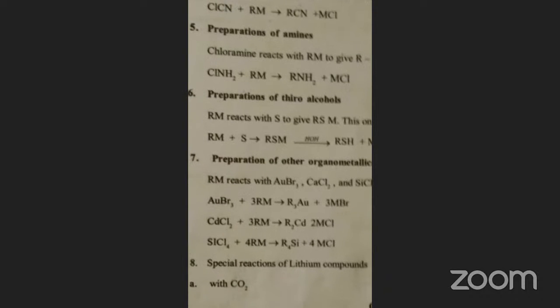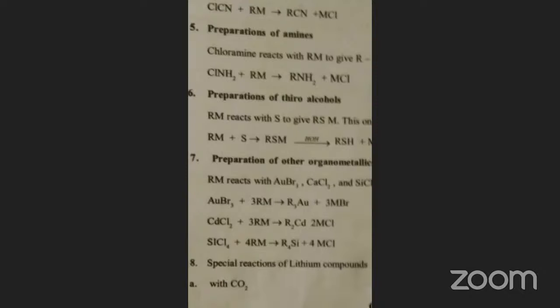Then the next preparation method is the preparation of other organometallic compounds. If we take one OMC, it is reacted with another molecule and produces a different OMC compound. For example, a metal bromide is reacted with OMC.